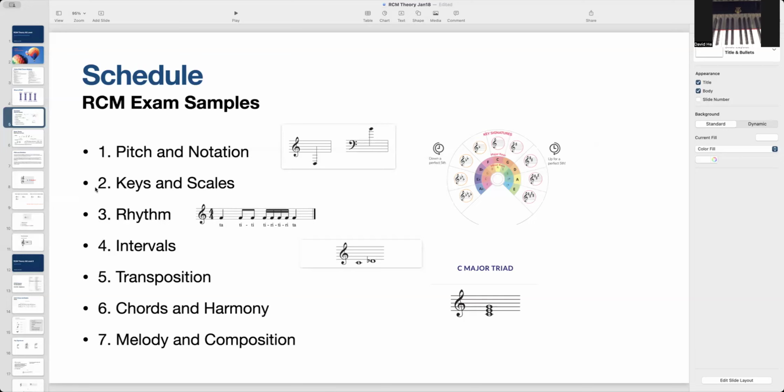With the 1 and 2 and 3, those three sections, we can do the ear training today, which is the very, very basic knowledge of music theory.